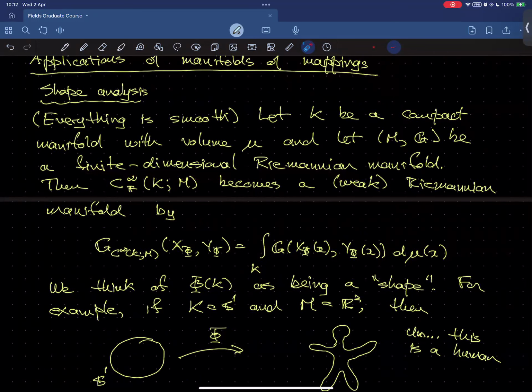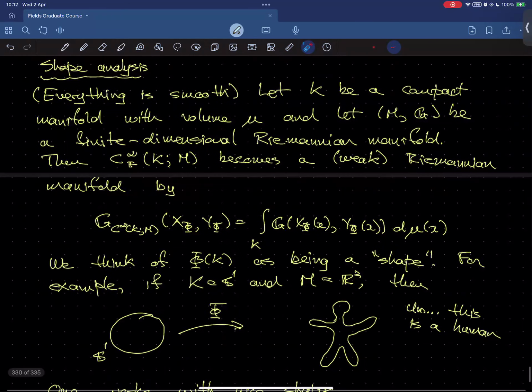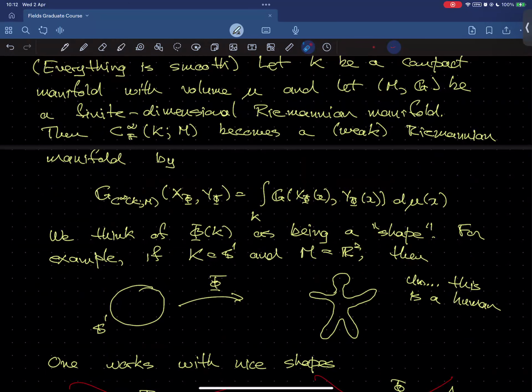I think I said last time that finite dimensional manifolds, all Riemannian metrics are strong Riemannian metrics. Okay, but we're going to induce one on here, which is not a strong Riemannian metric. Okay, and here's how you do it.